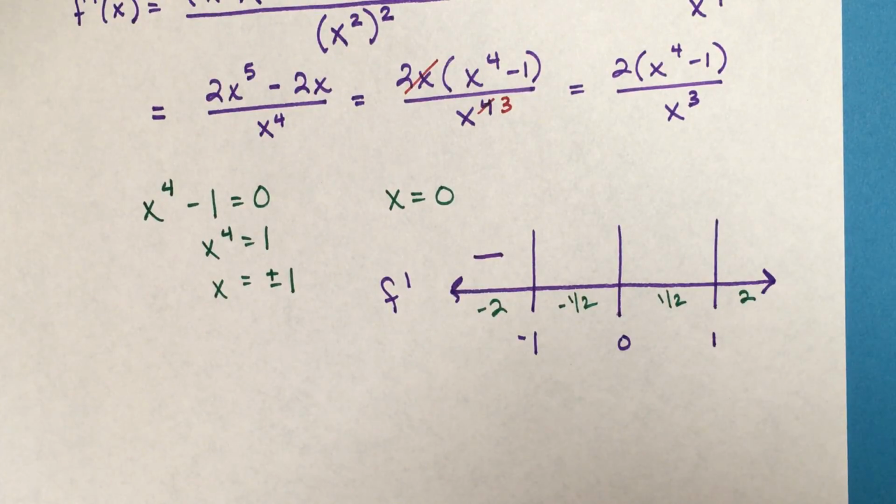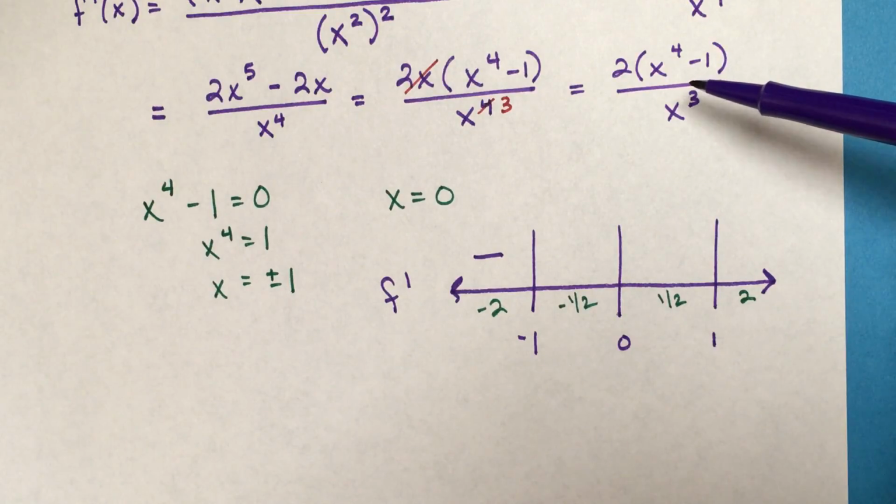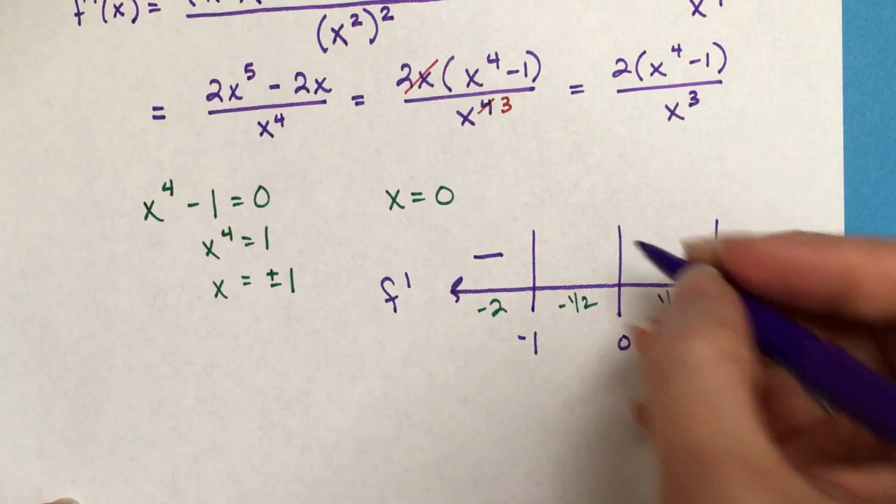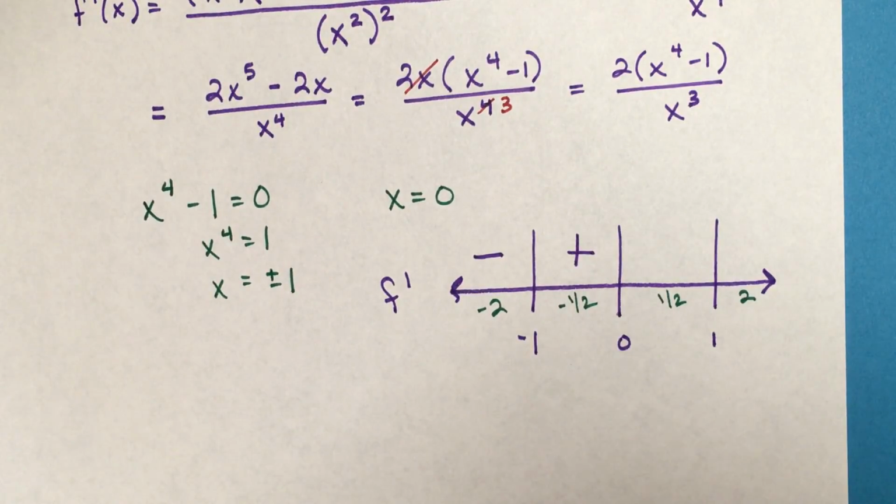Okay, now if I put in the negative 1/2, okay, so that's going to give me a negative on the top, and then I'd also have a negative on the bottom, so negative over negative is going to give me a positive.